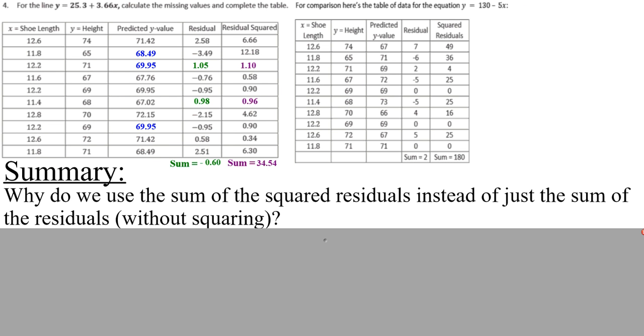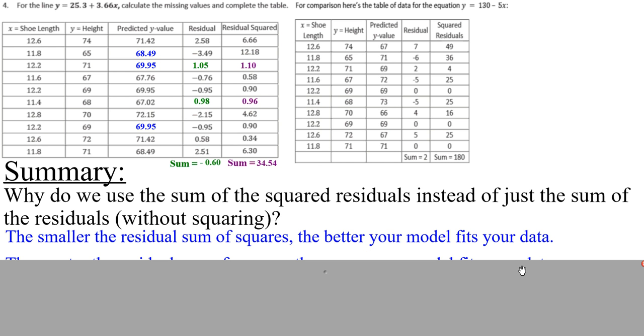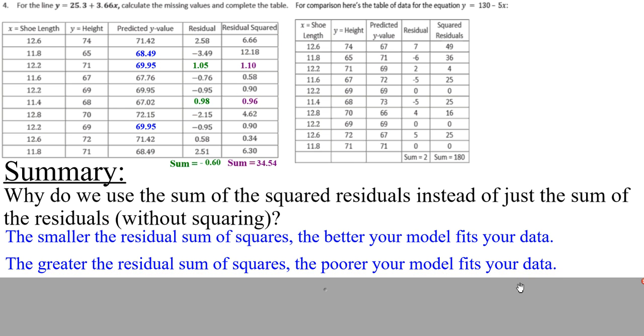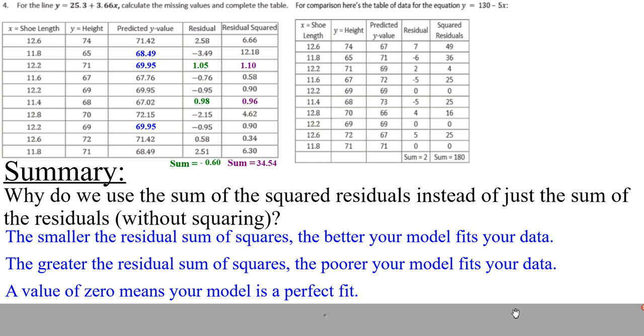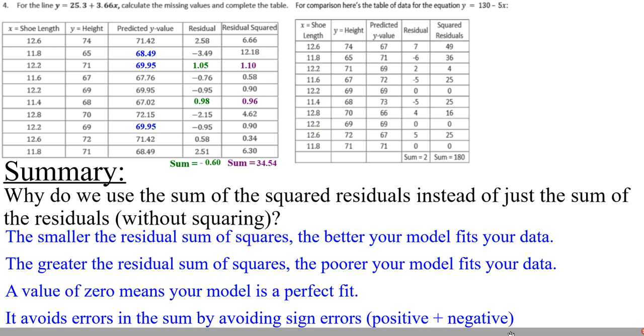And what's the point of the residual squared instead of just the sum without squaring? Well, the reason we use residual squares is because the smaller the sum of squares, the better your model fits your data. And also, we know if it's greater, it's a poorer fit. We like having values of zeros because that means it's a perfect fit for our data. Now we know we're not always going to get perfect fits, but we want to get it as close to 0 as possible.